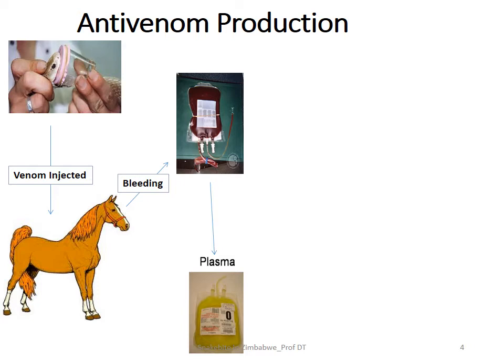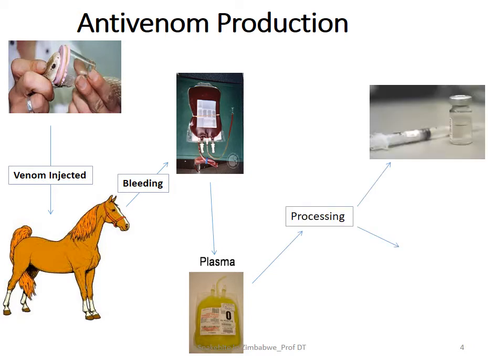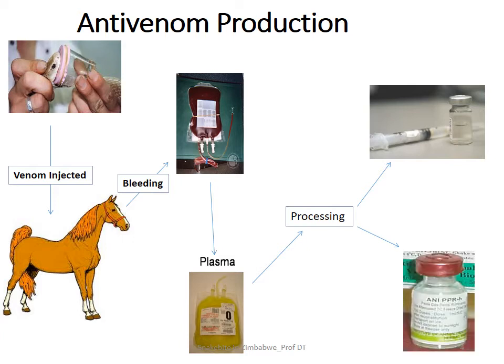It is bled, the blood is collected, and then plasma is collected from the blood. It is processed, antibodies are extracted, and then there's some purification, and then you get your antivenom, which can either be in lyophilized powder form, or it can be in a liquid form like we have used.